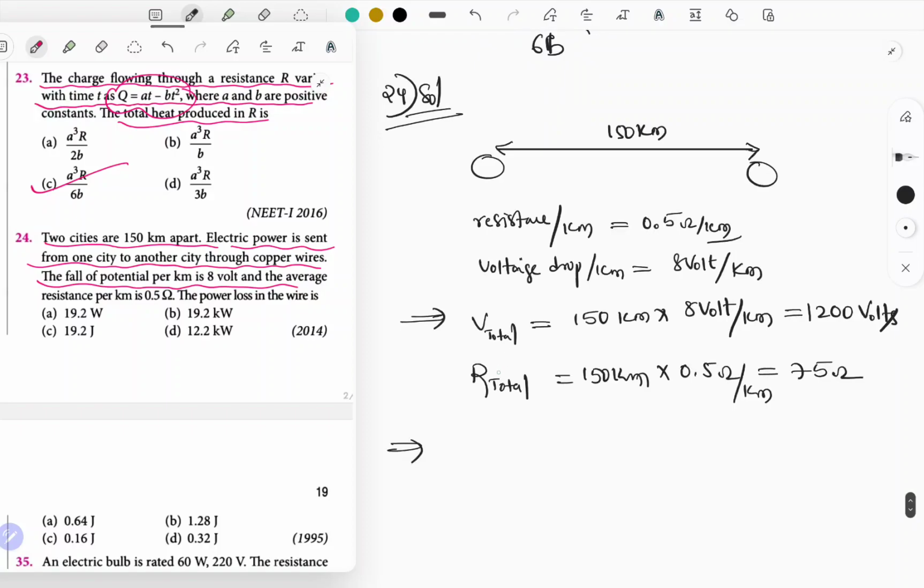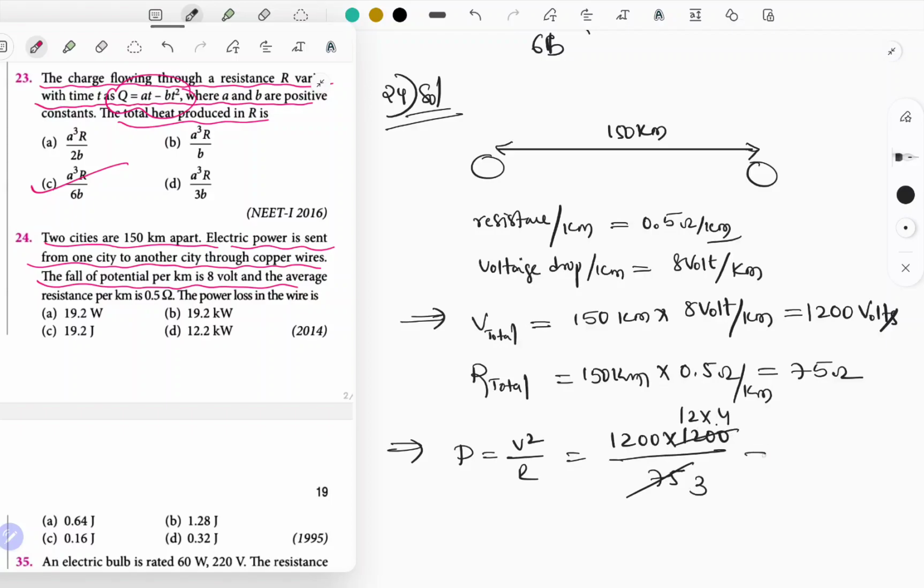So this is total voltage drop and resistance, and power dissipated is V square by R. V square is 1200 into 1200 divided by 75. 75 can be replaced as 25 3s are 75. 12 into 25, 4s are 100.